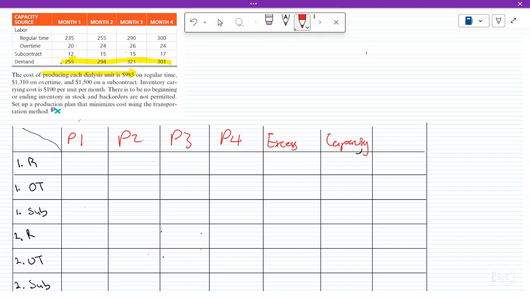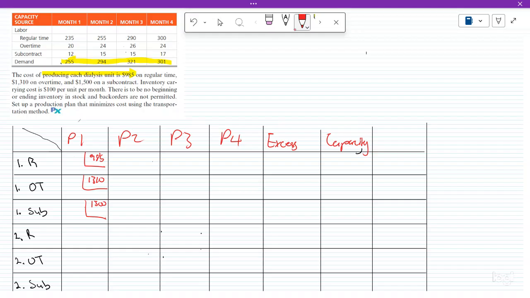However, we do have these big figures there: 985, 1310 and 1500. Okay, these are your costs. All right, then obviously the holding cost is $100.